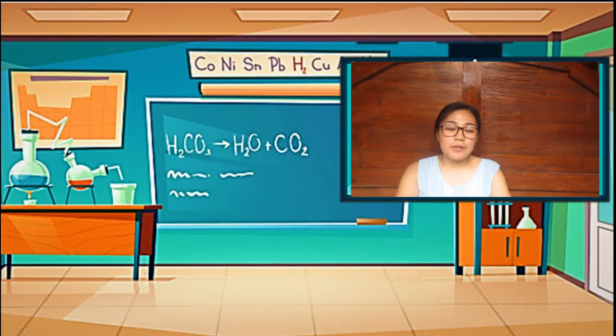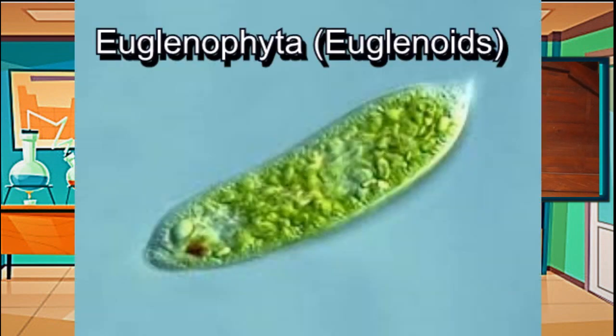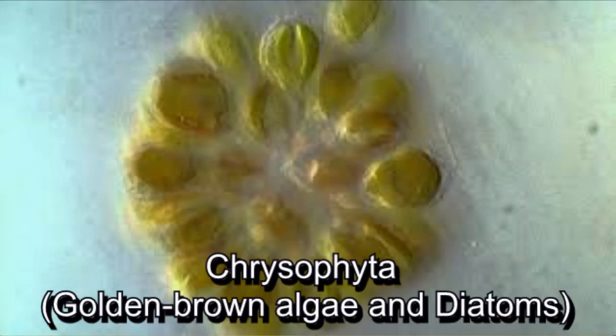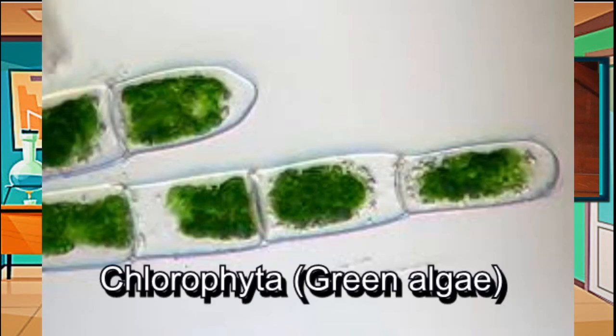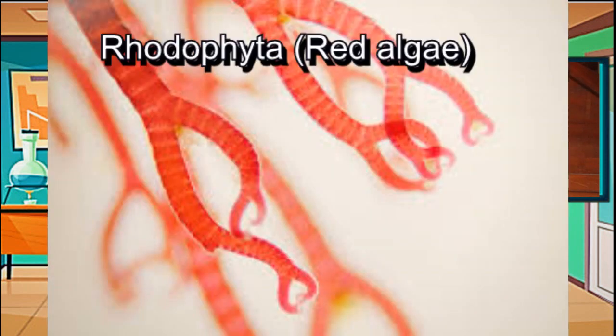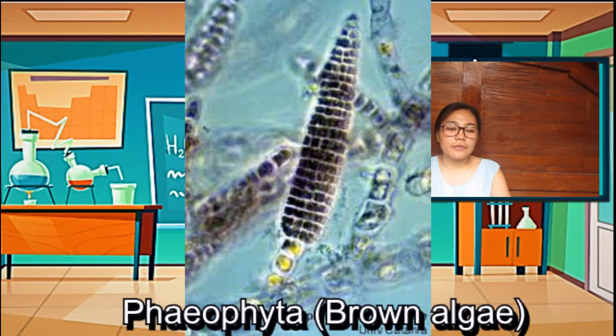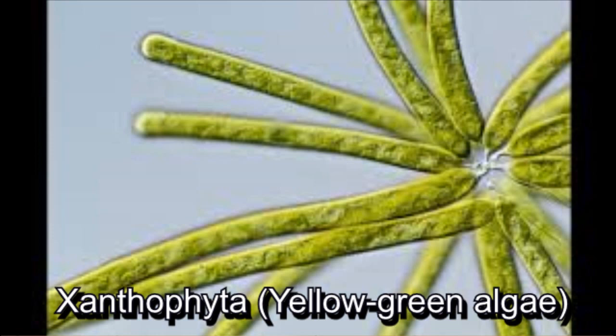These are the types of algal cells: Euglenophyta, which are the euglenoids; Chrysophyta, golden brown algae and diatoms; Pyrophyta, fire algae; Chlorophyta, green algae; Rhodophyta, red algae; Phaeophyta, brown algae; Xanthophyta, yellow-green algae.